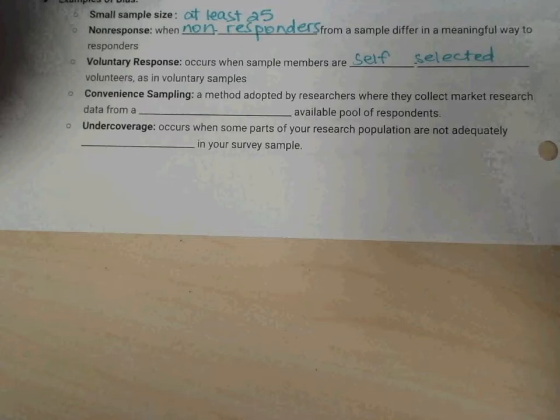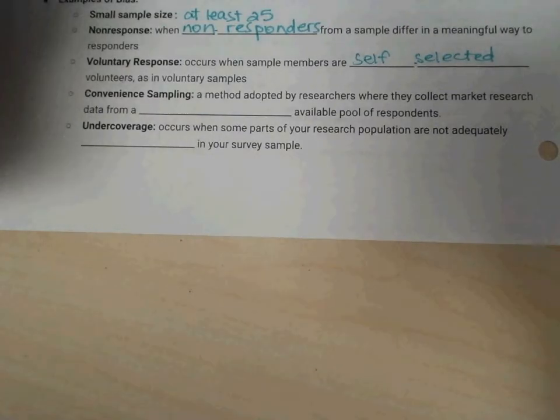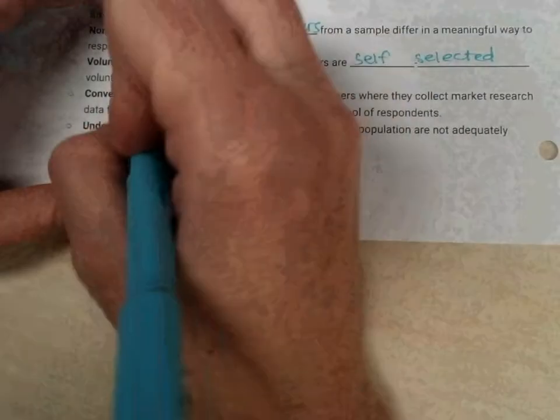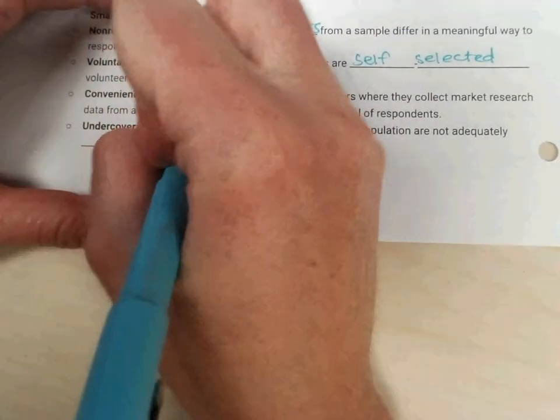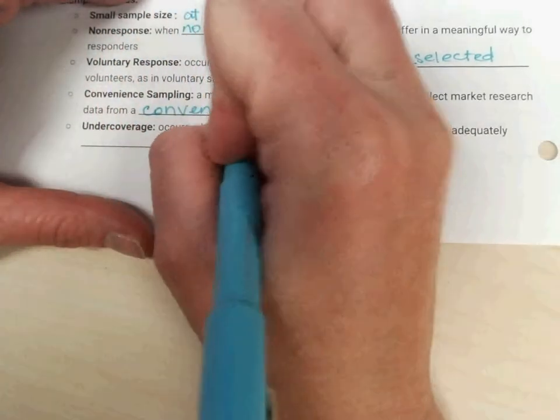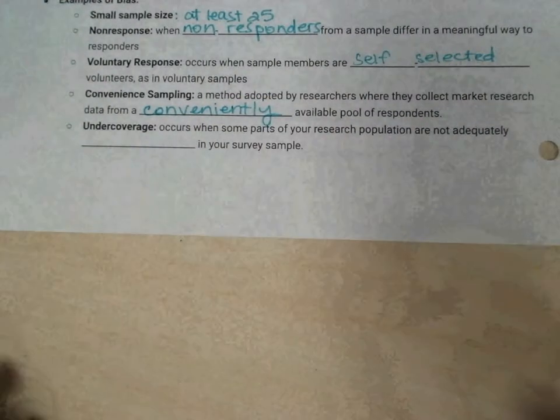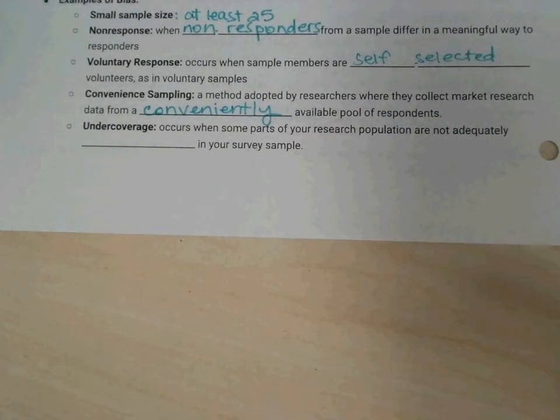And convenient sampling is another type of bias, a method adopted by researchers where they collect market research data from a conveniently available pool of respondents.